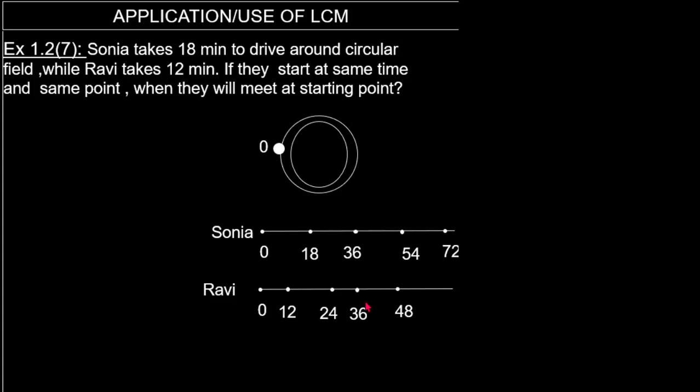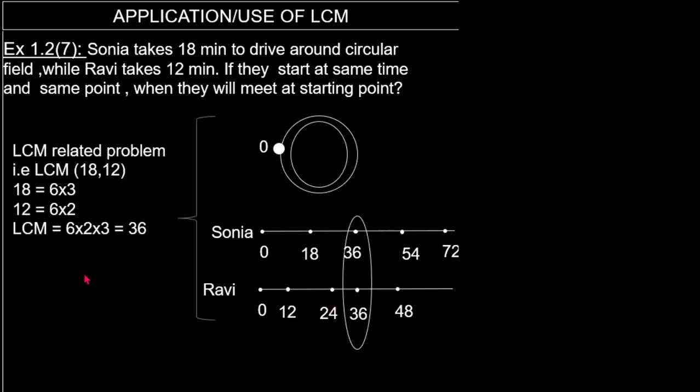However, at the third instant, he is at 36 and she is at 36. So this is the scenario of the least common multiple problem. After 2 rounds for Sonia, that is 3 rounds for Ravi, they will meet.